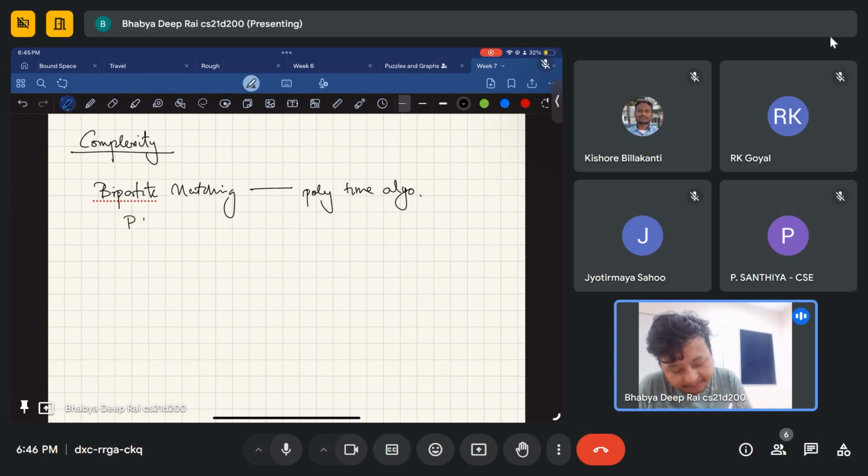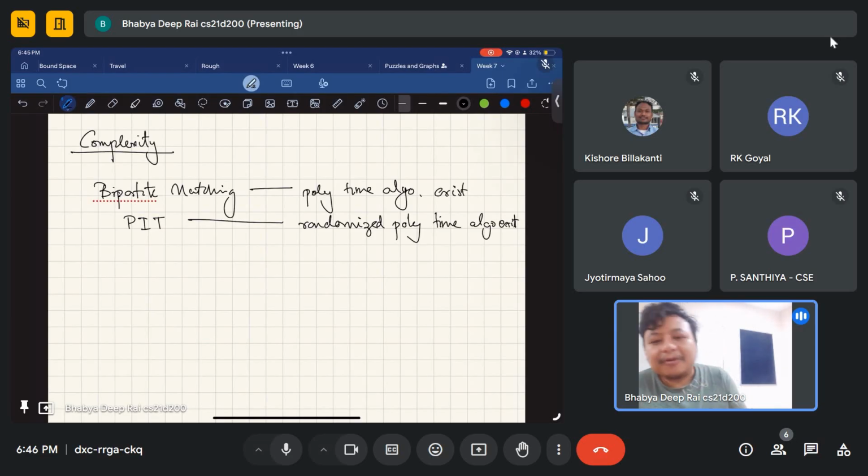And what are the other things that we see? Well, polynomial identity testing. We said a randomized polynomial time algorithm exists. Now, why were we even talking about randomized stuff?